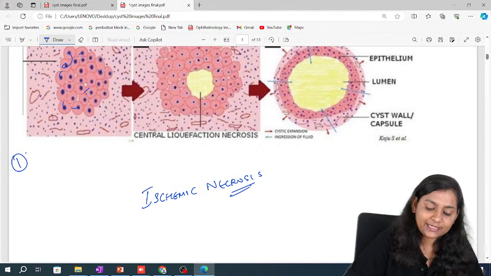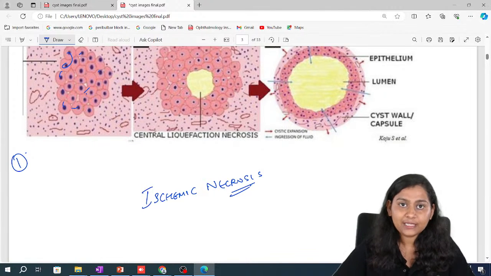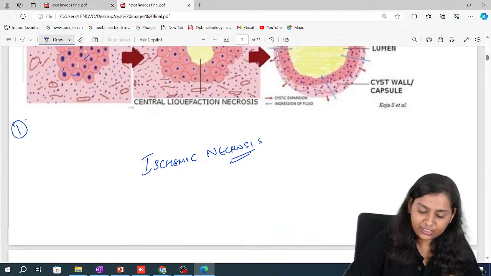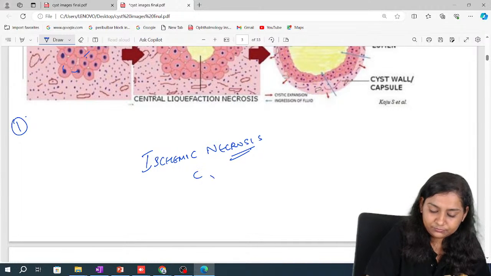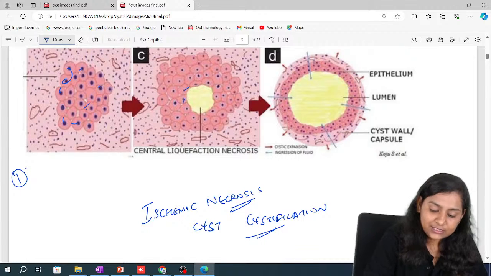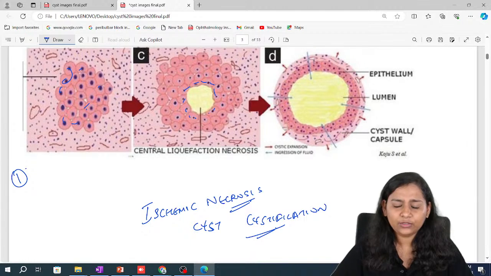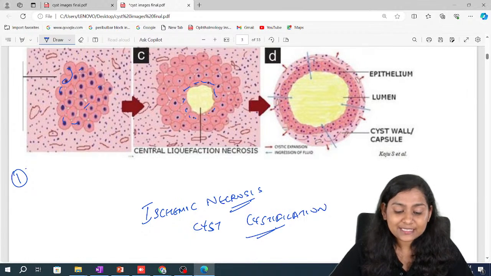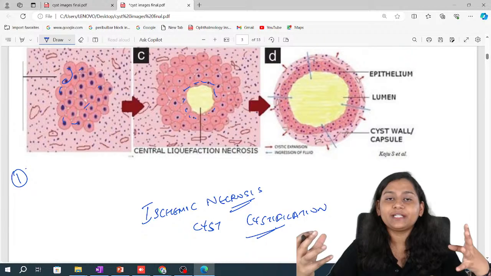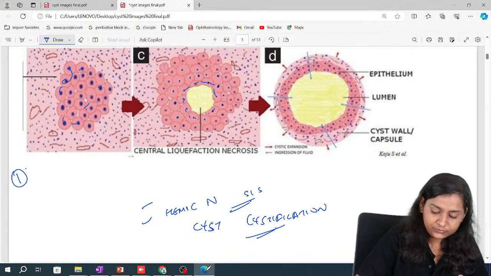Okay, so in the second phase there will be formation of lumen with fluid, which is followed by the stage of cystification. Now what will happen for the cells? The cells surrounding this area will break down. Further cells will break down, and they will release protein. Now this protein will increase the osmotic pressure. I'll write it.